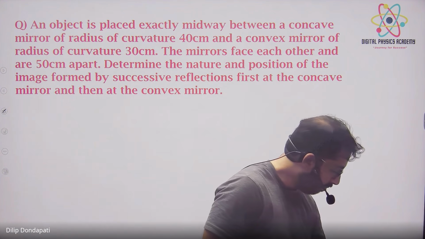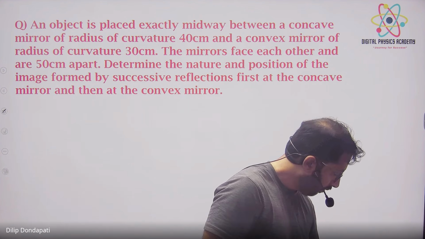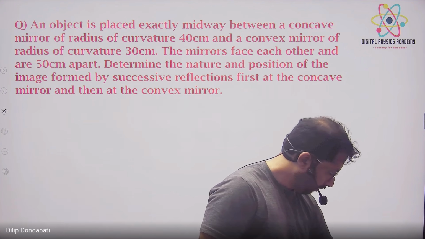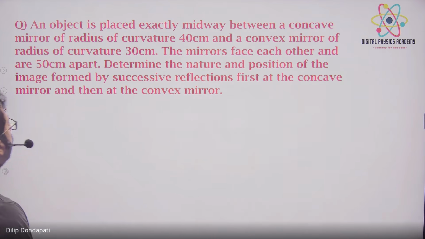Very important. The object is placed exactly midway between a concave mirror of radius of curvature and a convex mirror of radius of curvature, the mirrors facing each other 50 centimeters apart.